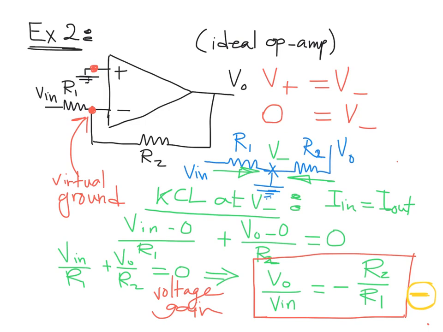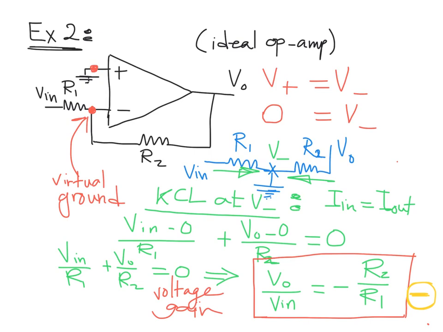We can use this Vn again like in the previous example: Vn minus V minus over R1, where V minus is 0, plus the other current, Vo minus V minus over R2, which is 0 over R2, will be equal to 0. Then we get a very simple equation, Vn over R1 plus Vo over R2 equals 0. This means the voltage gain Vo over Vn will be equal to minus R2 over R1.